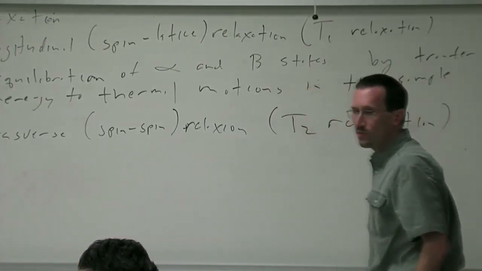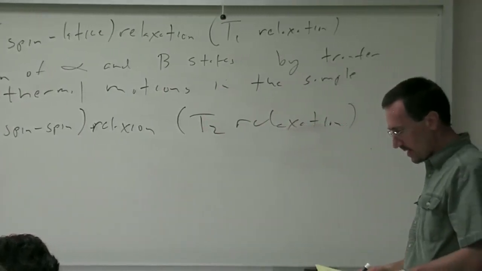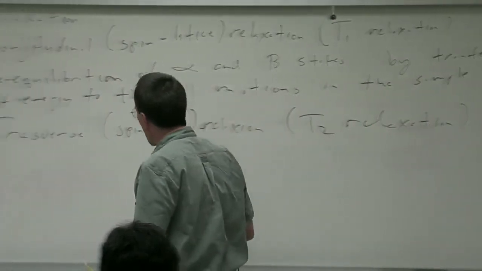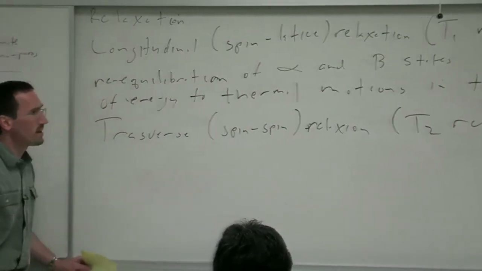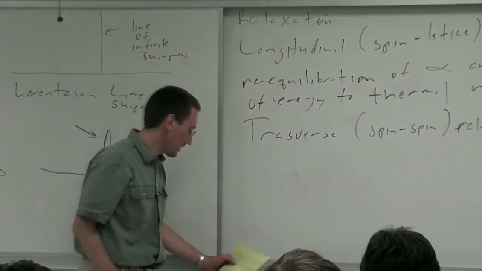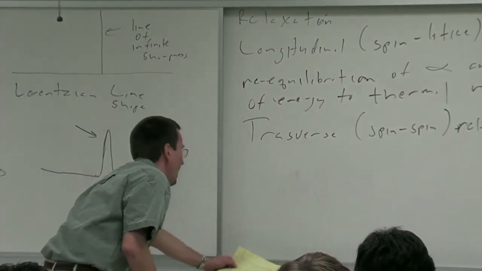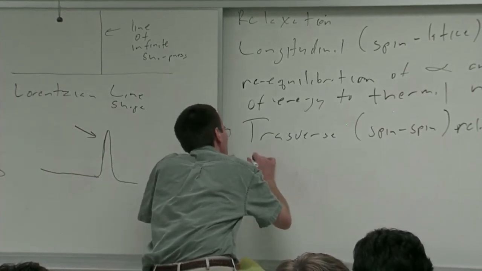And what transverse relaxation does is involves interaction of spins with other spins in the sample, leading to an unbunching of spins in the xy plane.